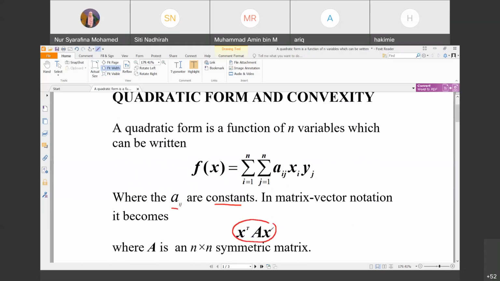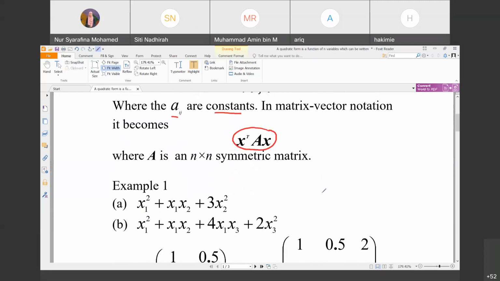So we have a function. Let's take a look at the example here: x1 squared plus x1 x2 plus 3 x2 squared. We can form this function into x transpose A x, where A is an n by n symmetric matrix.